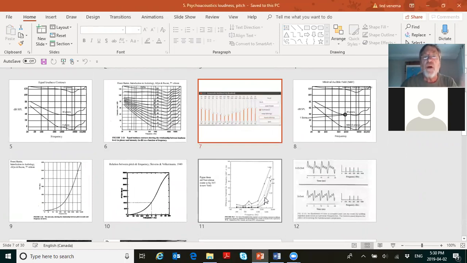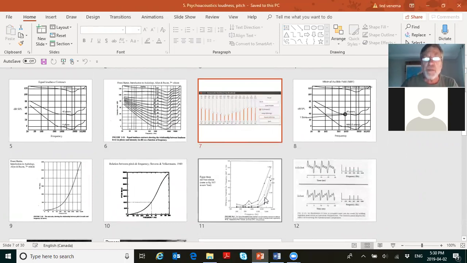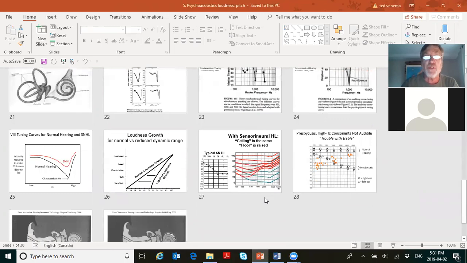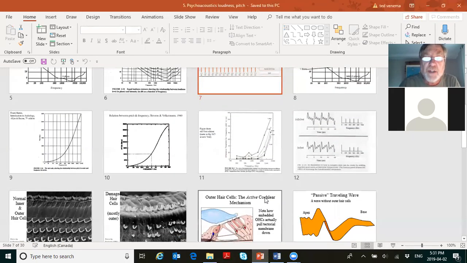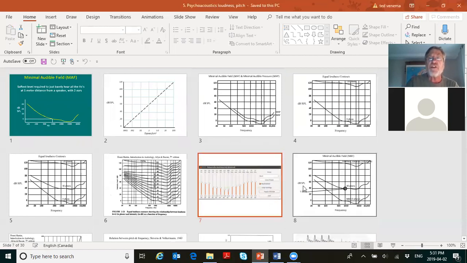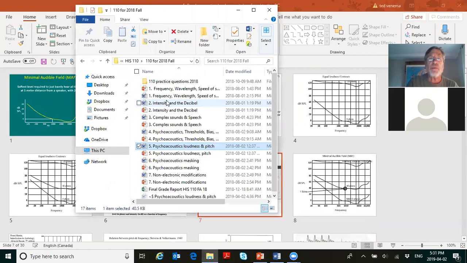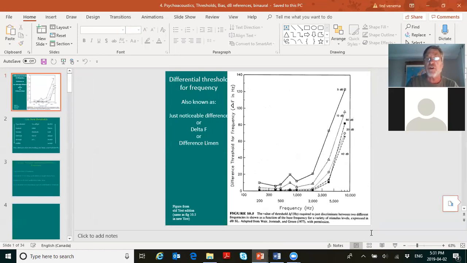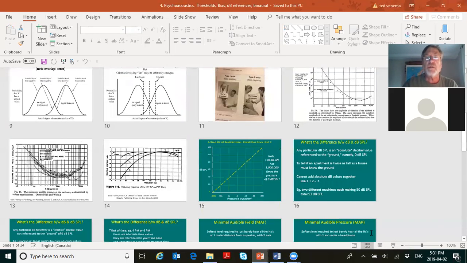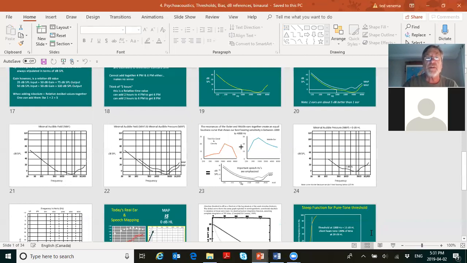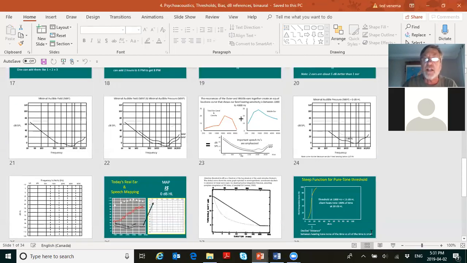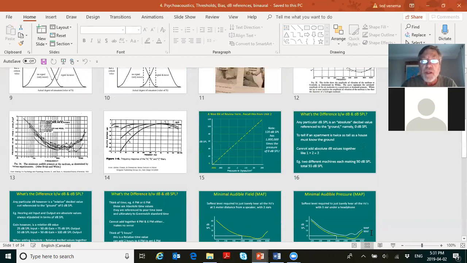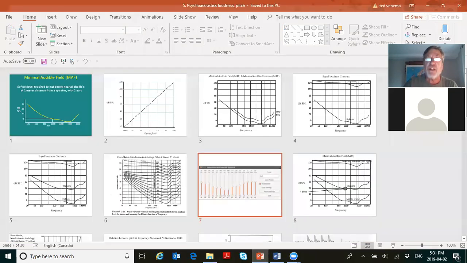They come from the resonances of your outer and middle ears. Okay, that's what I'm just searching here to see if I had that slide, but I don't believe I do. I bet you any money though that I do have it from last week's one. So I'll just pull up last week's one, and I think it'll probably be in there. I'll bet you dollars to donuts it will be. So here we go, down here, down here. Whoa, I don't even think we had it there either, which is very unusual. Anyway, this curve, these curves, I'll close down this particular PowerPoint and leave the other one up, okay?